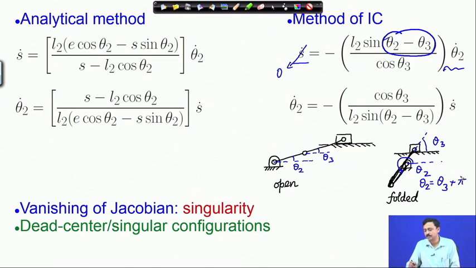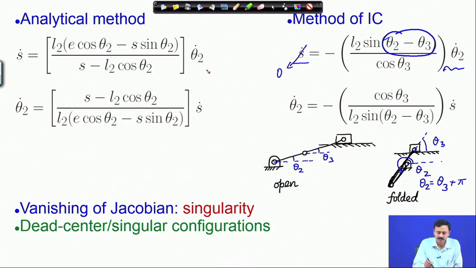So, theta 2 is theta 3 plus pi radian, which means that theta 2 minus theta 3 is pi, which means sine of pi comes in the numerator of the Jacobian. So, it vanishes. So, this is the configuration where the Jacobian vanishes. So, these are singular configurations of the forward velocity relations.